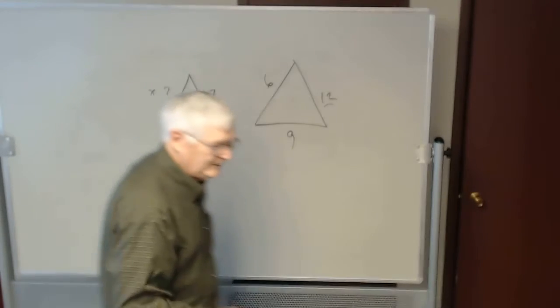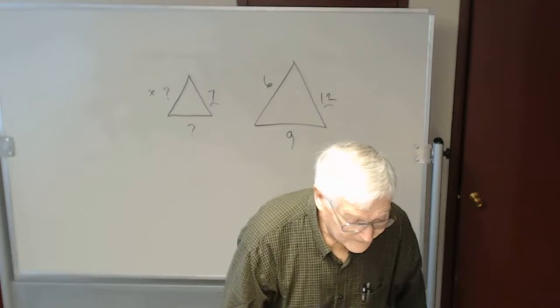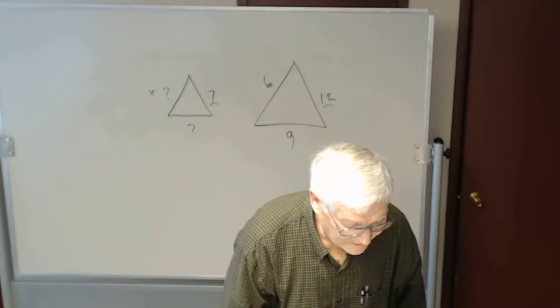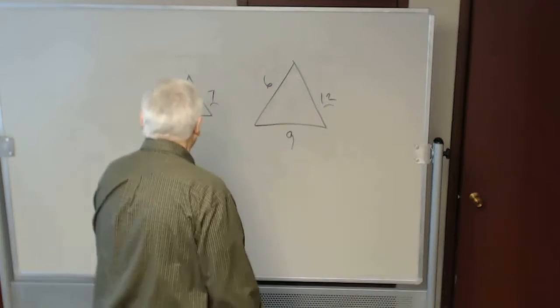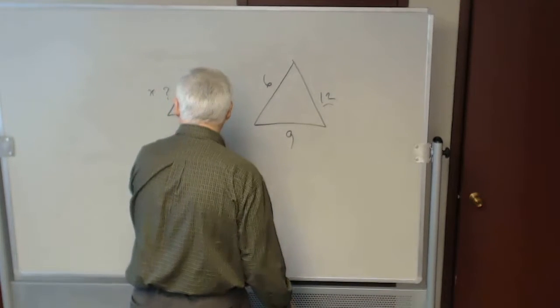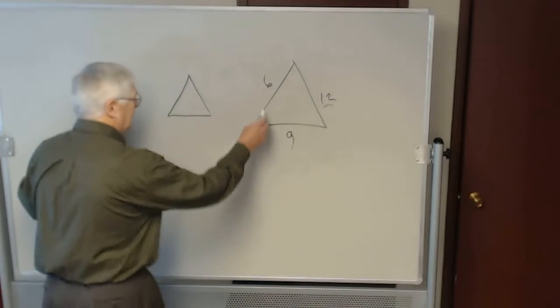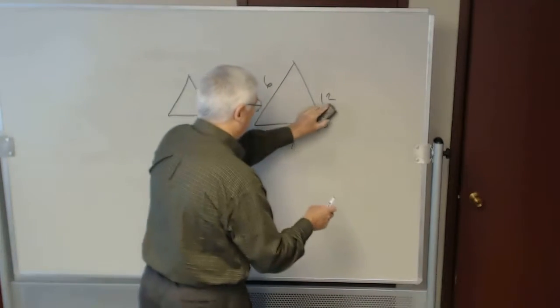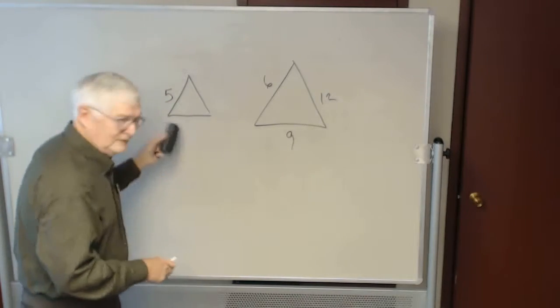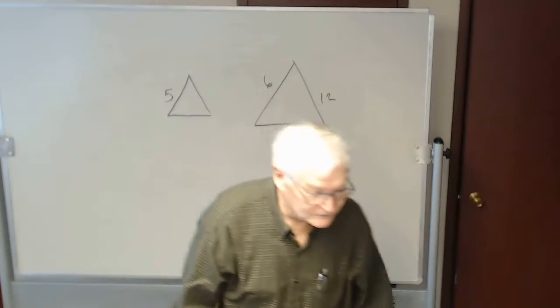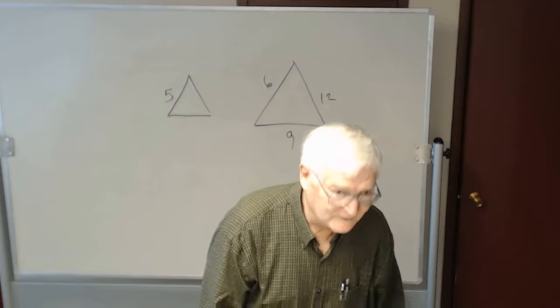Now, watch what they want me to do here for number 34. If the length of the shortest side of the smaller triangle is 5. So now they're telling me that for this triangle, the shortest side would be this side here, and it says that's 5. You follow what they did? They just changed the numbers. And now they want me to find the lengths of the other two sides.